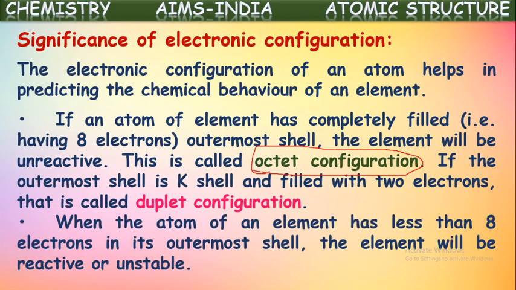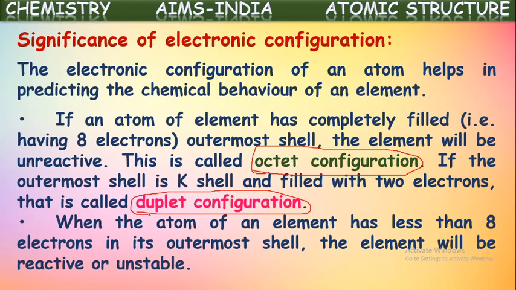Okay? When the atom of an element has less than 8 electrons in its outermost shell, then the element will be reactive or unstable. So in these two cases, if an element has duplet configuration or octet configuration, elements are observed with more stability or least reactivity.